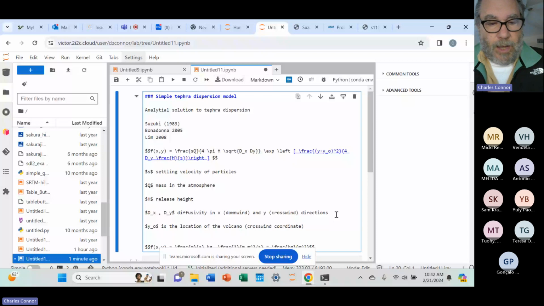And y, which I didn't bother defining before, is the crosswind location of the measurement, where we're getting the mass loading of Tephra.